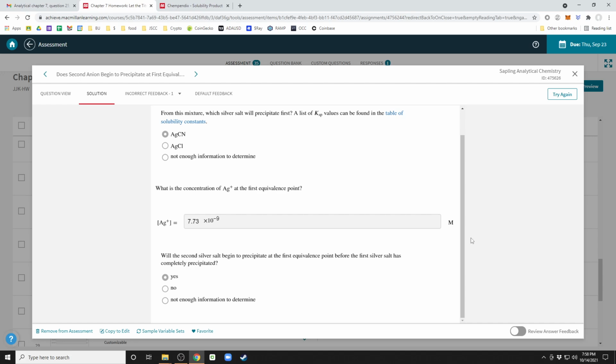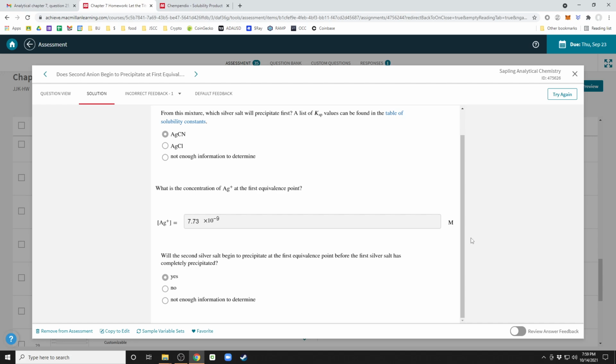So if there's a large enough difference between these KSPs, you could actually have one precipitate without any precipitation of the other. However, if there's not a particularly large enough difference, you'll get first, in our case, the silver cyanide precipitates. And then as the silver cyanide is still precipitating, you'll get some of that silver chloride precipitating.